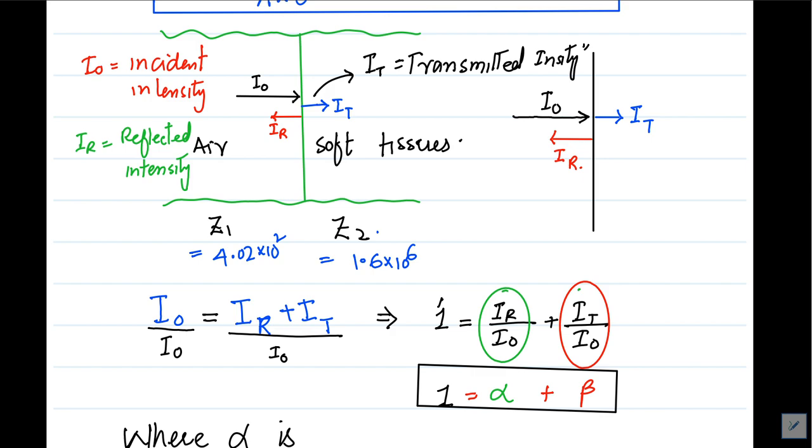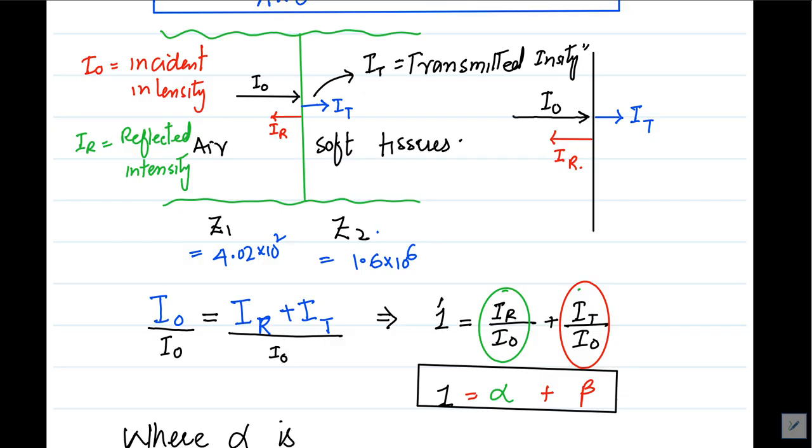partially it would be transmitted, and partially it will be reflected back. IT is basically the intensity of the transmitted wave, and IR is the intensity of the reflected wave or reflected ultrasound. After that, when some of the ultrasound has entered here, that ultrasound will move on and reach the next surface, or interface, or next boundary.